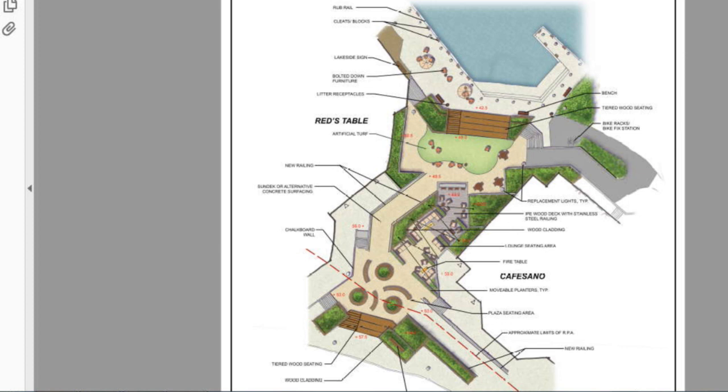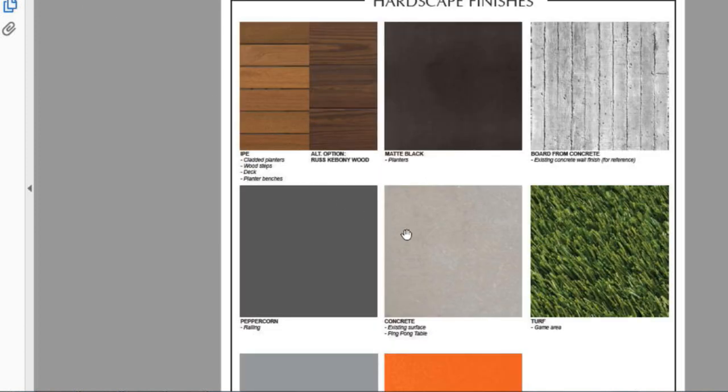So that's the overall design. There are also some bike racks and a bike fix station over to the right. That's the main design. Then if you flip to the other pages, you can see the different materials we're looking at using.